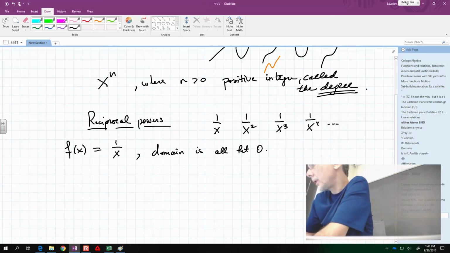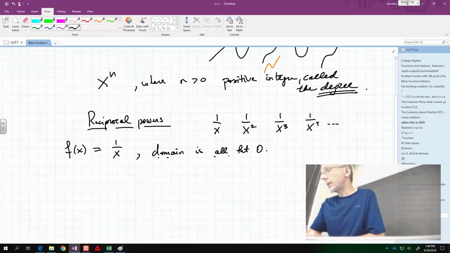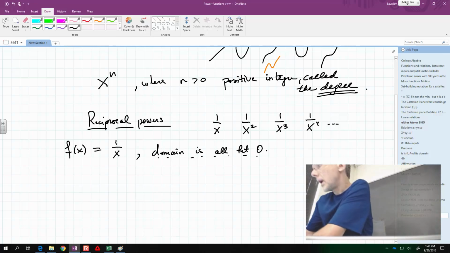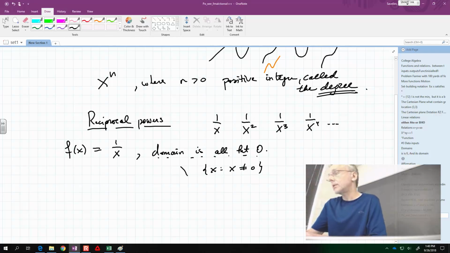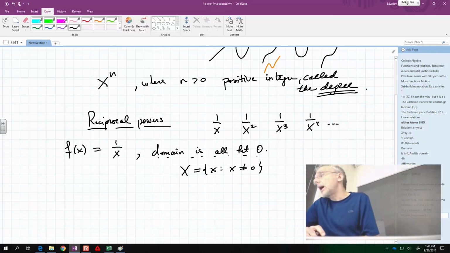You're welcome to describe it this way in the form of a sentence. I have no problem with that. Or you can use set builder notation, so it will be x not equal to 0. Also very nice, same thing as I said there, in a more compact form. That's the only difference.